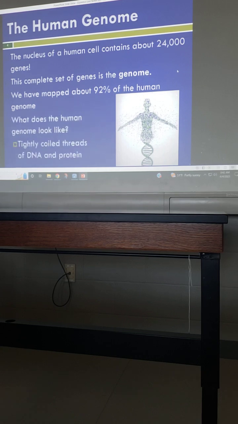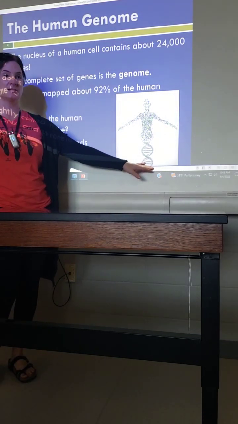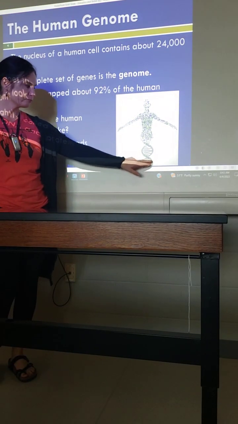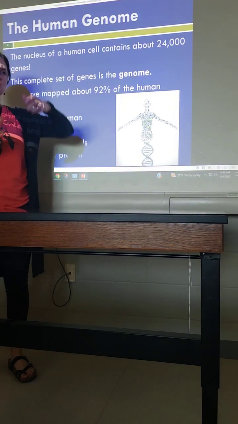And so the human genome basically is like these tightly coiled threads of DNA and protein. And DNA, whenever you see this kind of ladder, we call this a double helix. Whenever you see this ladder formation, it's usually twisted.